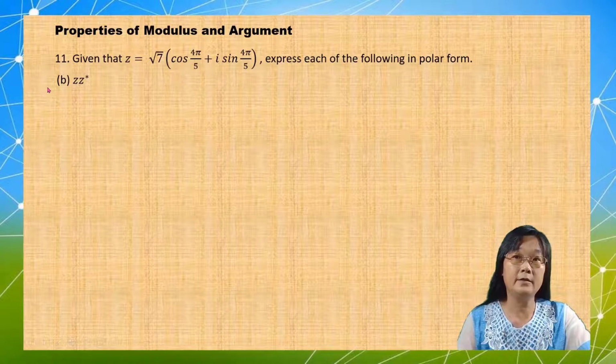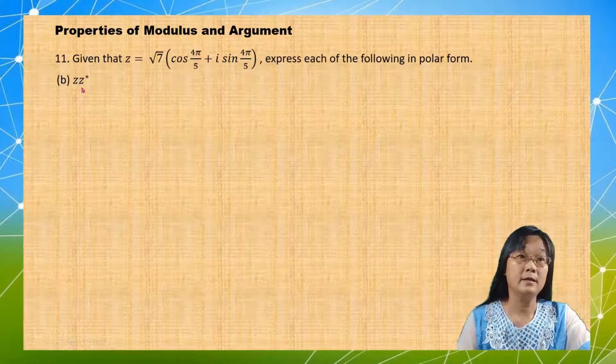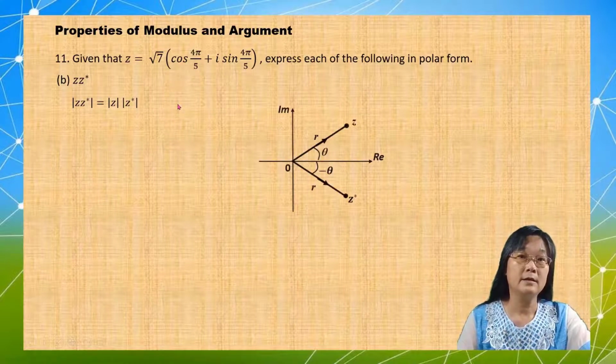Next, we want to find the polar form for the complex number z times conjugate z. So first we need to find the modulus. Based on the properties of modulus, the modulus of z times conjugate z is equal to the modulus of z times the modulus of conjugate z.